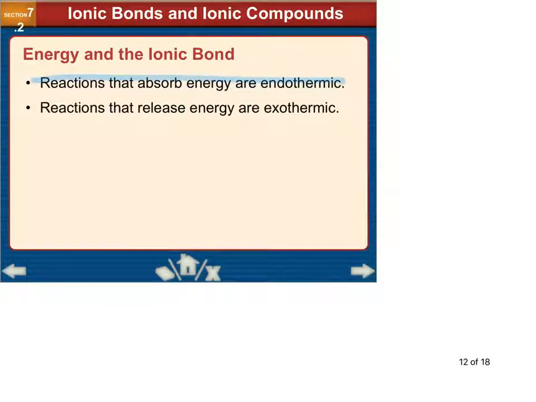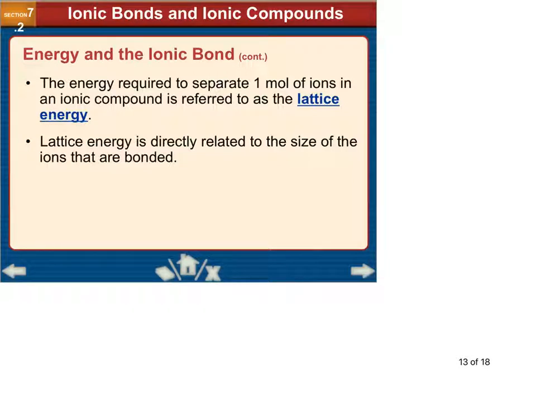Couple of key terms: if we absorb energy, we're endothermic; release energy, exothermic. And the amount of energy required to separate 1 mole, later on we'll talk a lot about this concept of the mole, 1 mole of ions in an ionic compound is called our lattice energy.